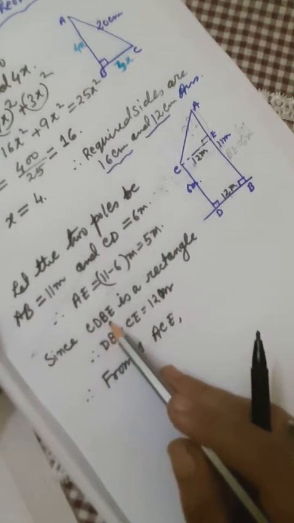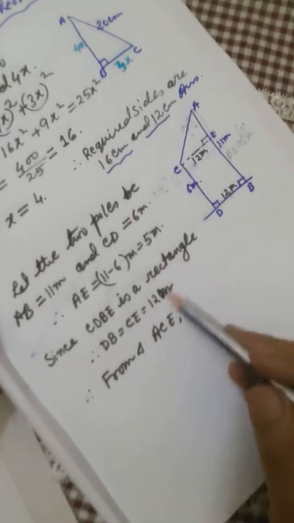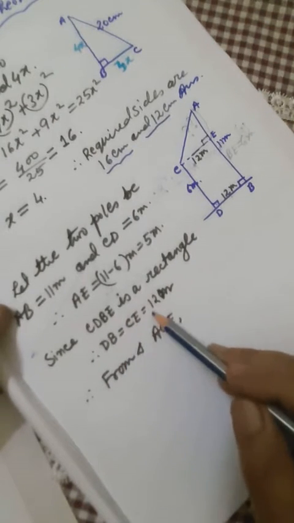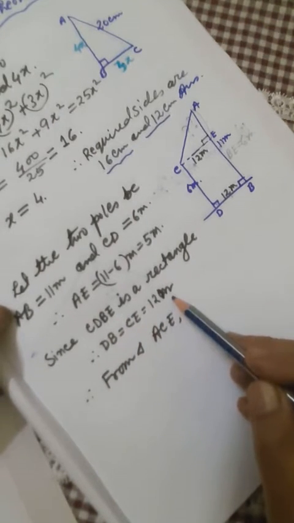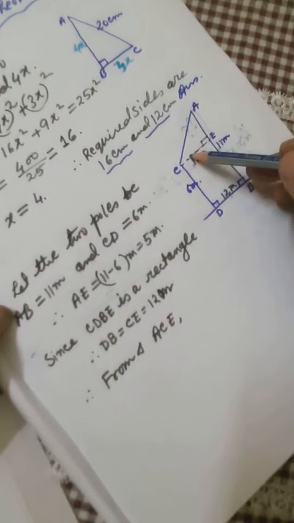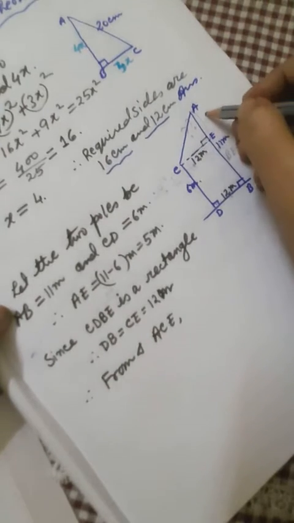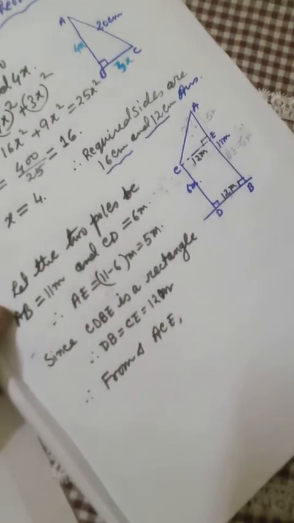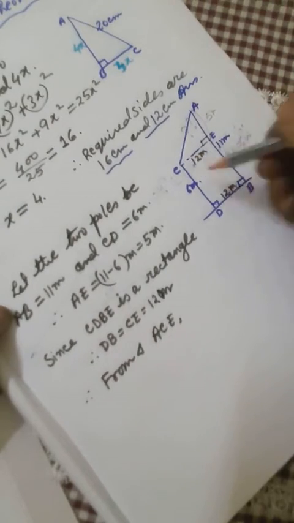Since CDBE is a rectangle, therefore DB is equal to EC is equal to 12 meter, right? So we have got for this right angle triangle, this is 12, this is 5. Now we can apply the Pythagoras theorem to find the value of AC.